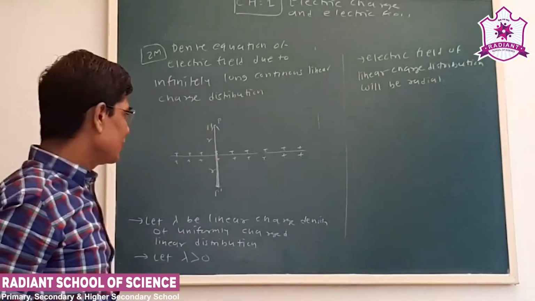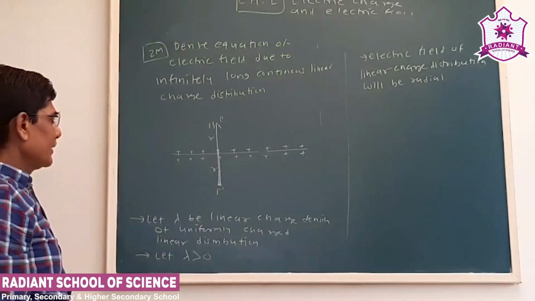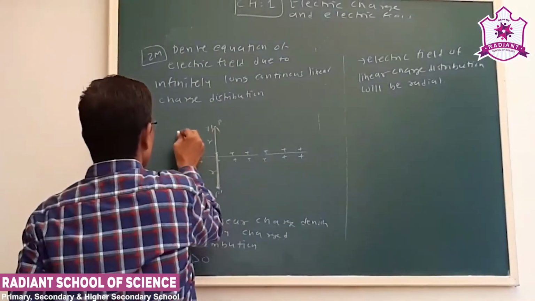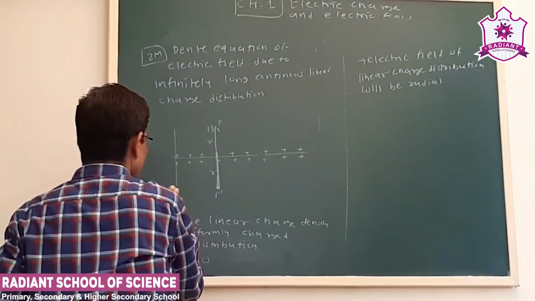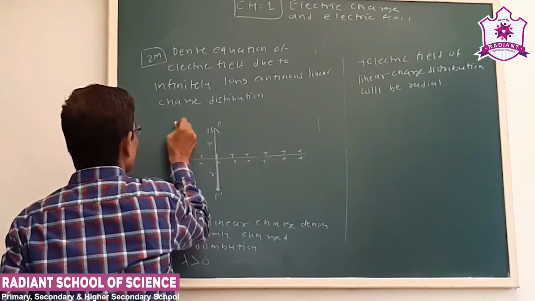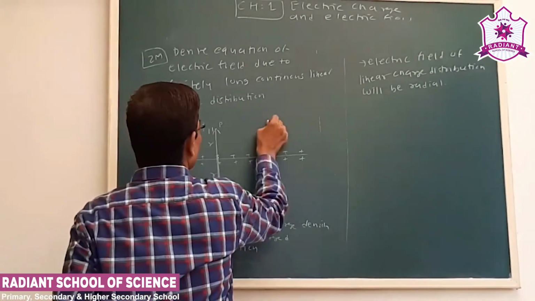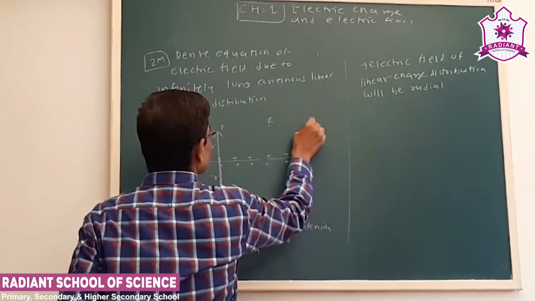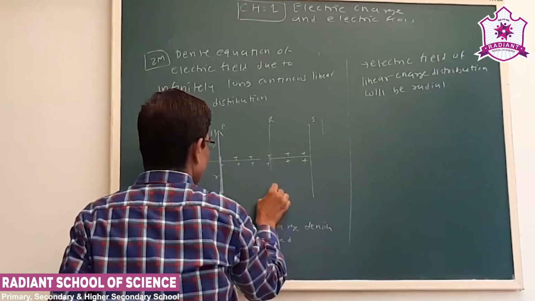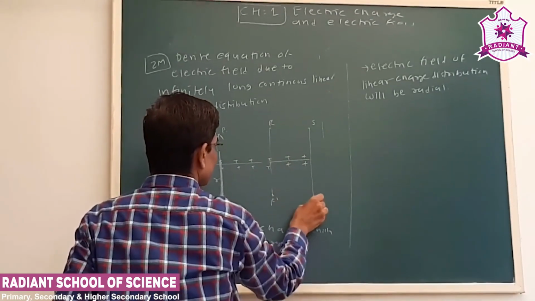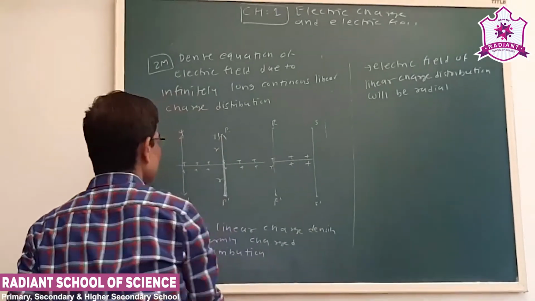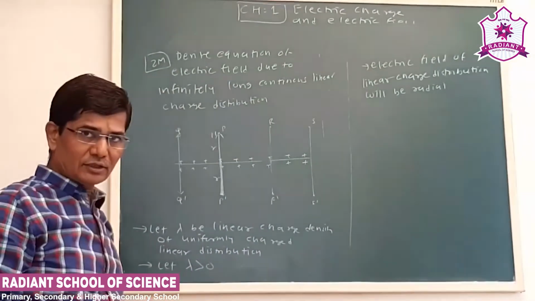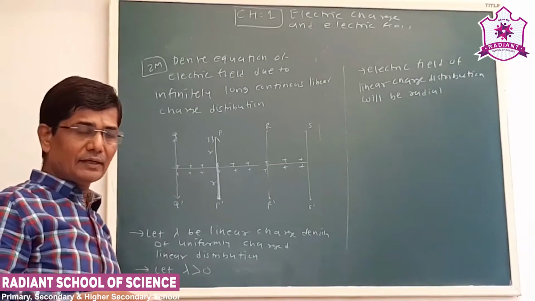So this is how we can represent the radial electric field of a linear charge distribution. Now suppose we consider points P, Q, R, or S, and similar distances R dash, S dash, Q dash. In all conditions, the electric field will be radial.